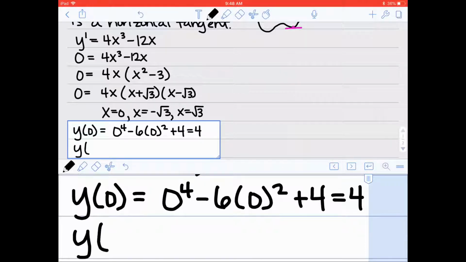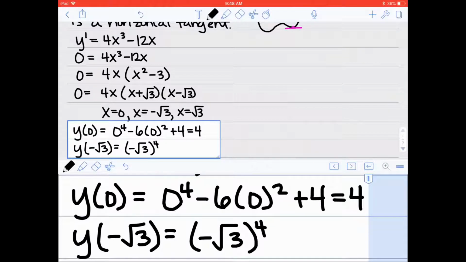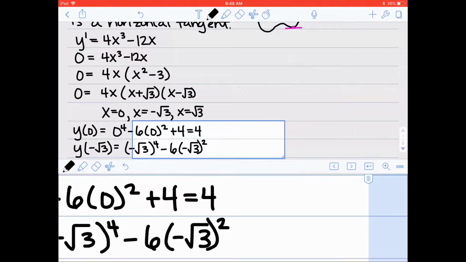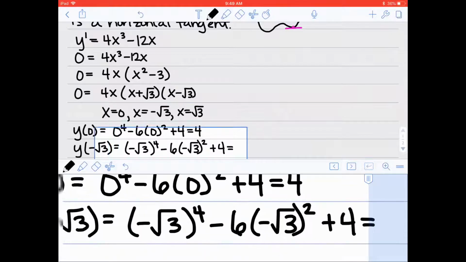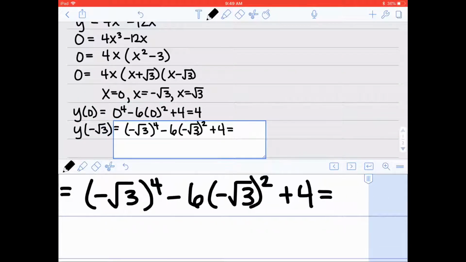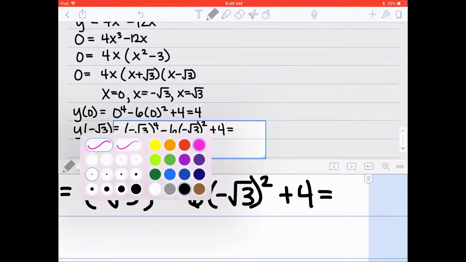And then we can go ahead and plug in negative square root 3. So we have negative square root 3 to the fourth minus 6 times negative square root 3 squared, and then plus 4 on the end. So if I think about this, the negative square root 3 squared, I'm going to go ahead and change my color here.